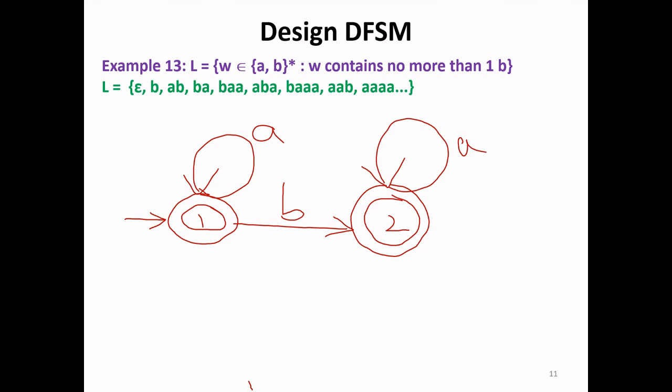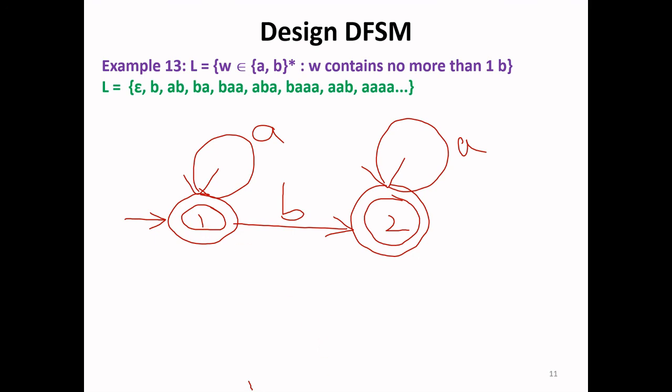Now let us check whether the DFSM is complete, starting with state 1, one transition for A and one transition for B. So state 1 has both the transitions. Coming to state 2, one transition for A is there. What about B? Can I take a self loop here? If I take a self loop, it will be more than one B. If I return it back to 1, again there also I will have more than one B. So what to do?